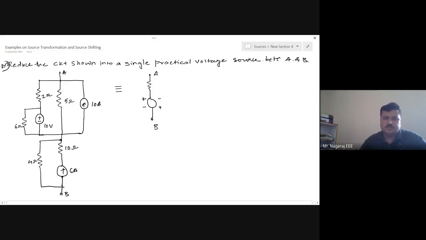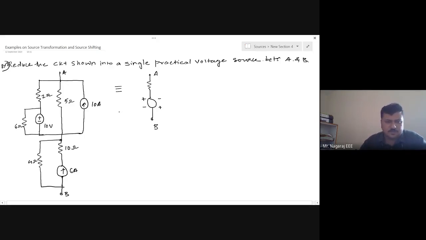Before starting that, we should look into each component and each source which is transferable, or which I can transform into the other sources. And we should always look into the necessity. It is not that every current source has to be transferred to a voltage source, and every voltage source has to be transferred to a current source. Sometimes it will not be necessary to transfer everything at once.